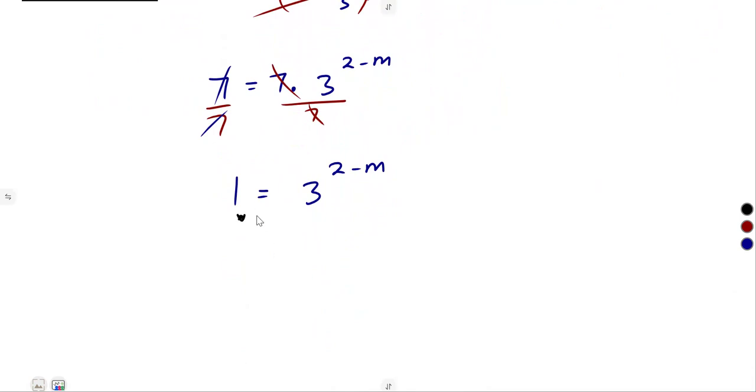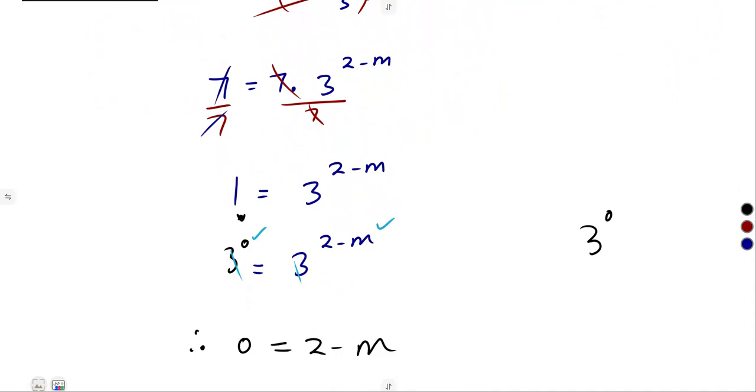To get a 1 in the base of 3, it is 3 to the exponent of 0. 3 to the exponent of 0 is equal to 3 to the exponent of 2 minus M. As these two bases are the same, simply equate their exponents. So therefore, 0 is equal to 2 minus M.